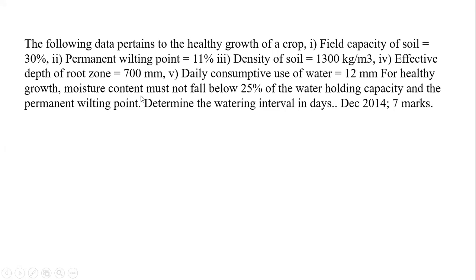So here instead of 80%, we will go for 25%. And what they asked: determine the watering interval in days, means after how many days irrigation will be required. So please note down the example immediately and solve it.